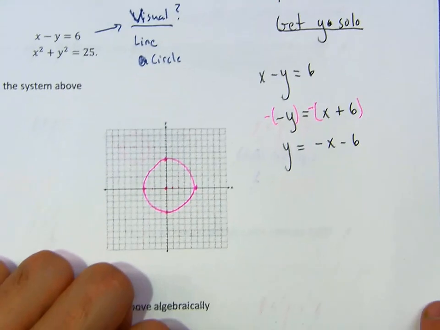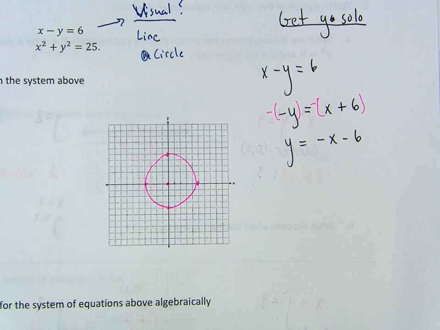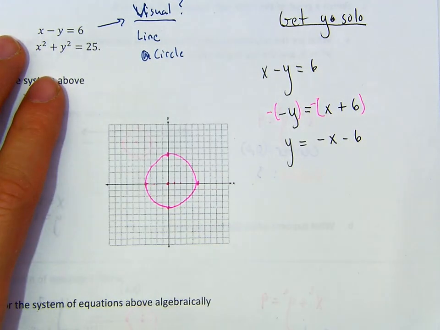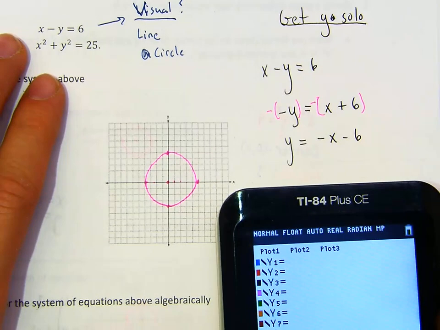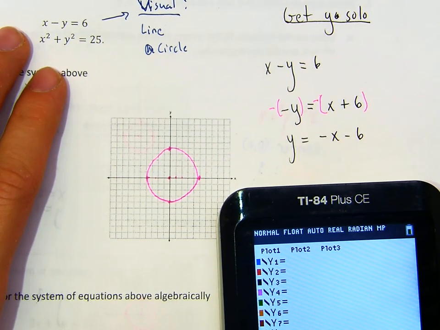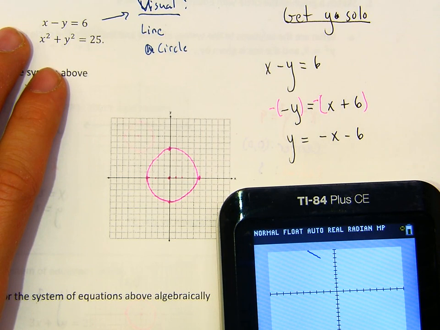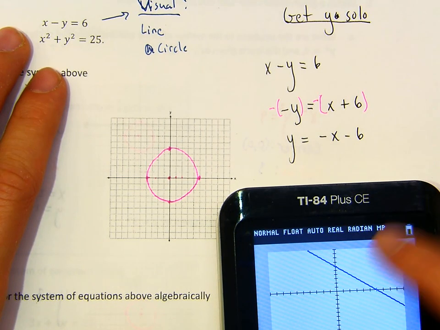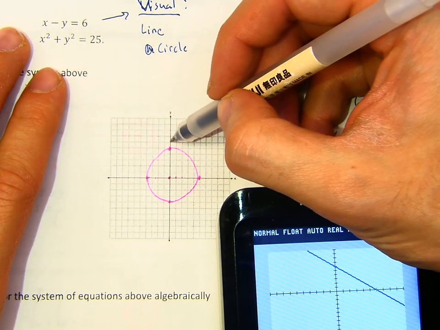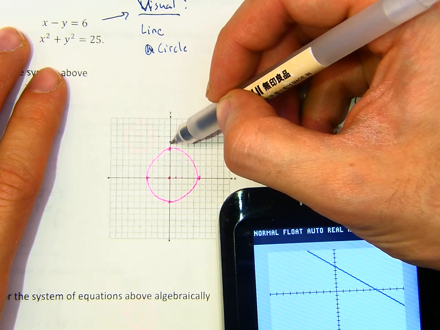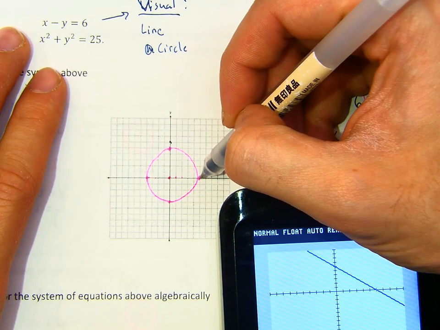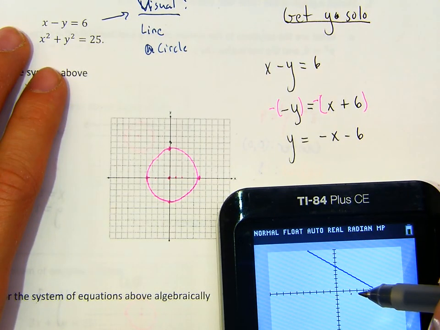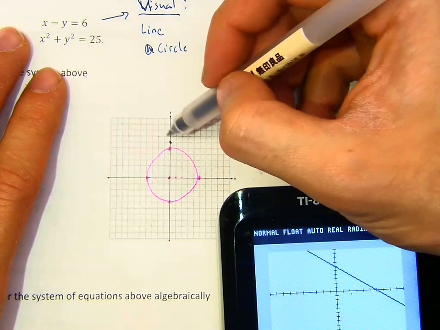Okay? And what does this graph look like? It looks something like, well, let's see. Let's put it in. So y equals negative x plus 6. So negative x plus 6 graph. Notice that it intersects at 6 over here, and it kind of makes its way down, and it hits, let's see, 1, 2, 3, 4, 5, 6 over here.